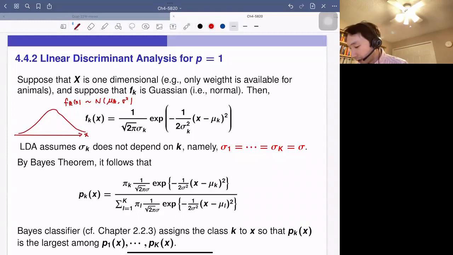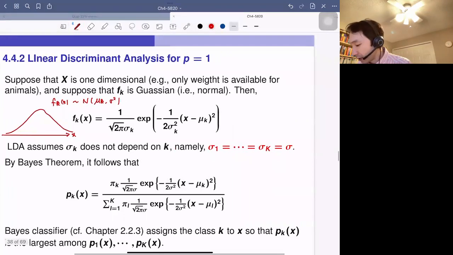So given class K, the distribution of X, for example a predictor X such as height or weight, is just the normal density, normal mu_k, sigma_k squared.